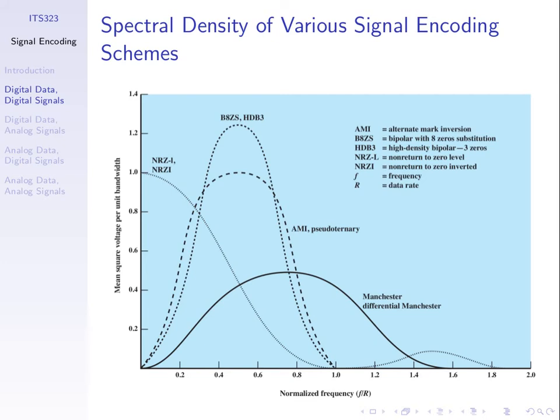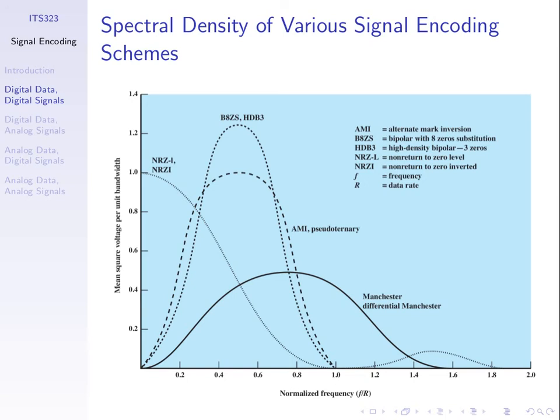Generally, we want a signal that consumes a small amount of bandwidth, so is narrow in this plot, and is not at 0 hertz, because that can introduce more errors. So in terms of the signal spectrum, the best ones in this plot are B8ZS and HDB3.